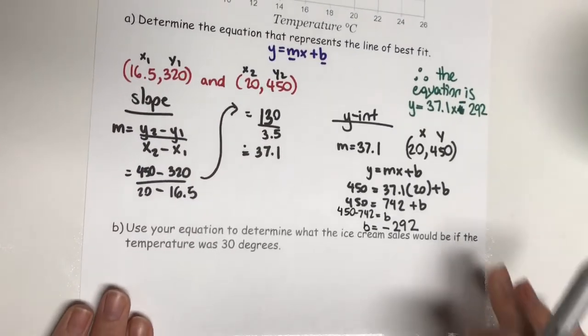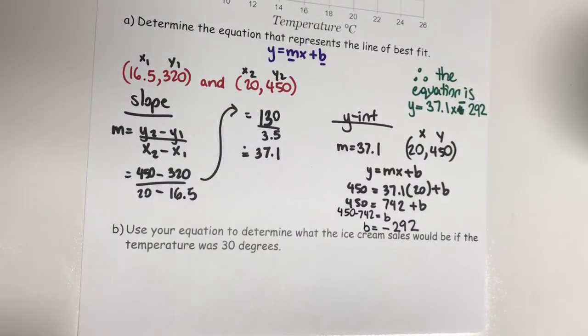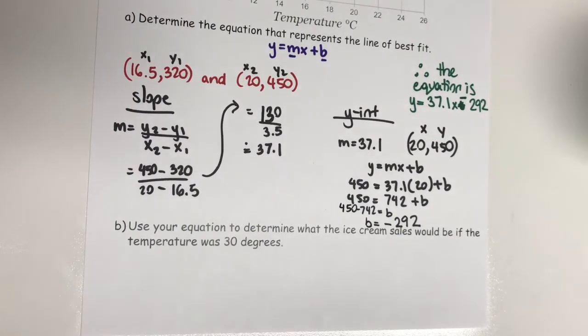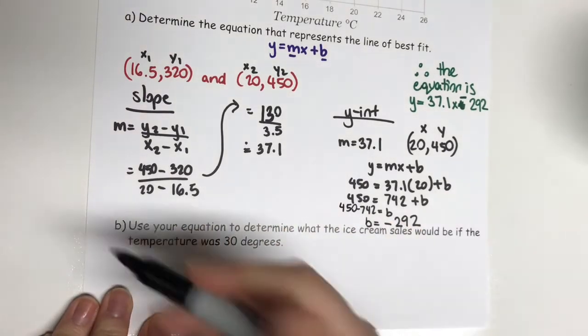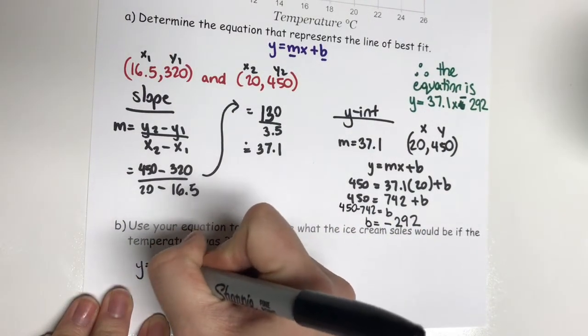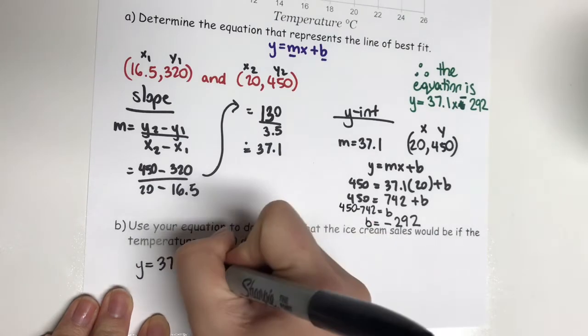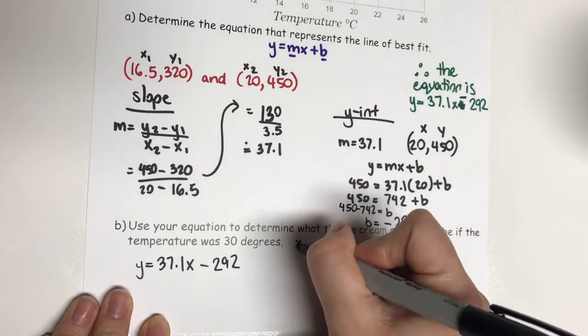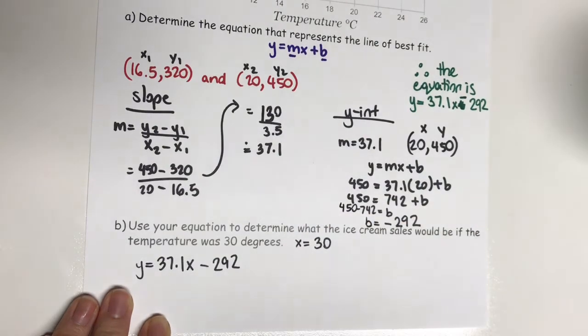Okay, so now let's use this equation to figure out what the ice cream sales would be approximately if the temperature was 30 degrees outside. So I'm going to take the equation. Y equals 37.1x minus 292. And I'm going to substitute x is equal to 30.